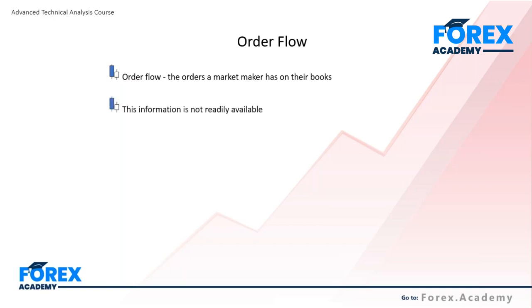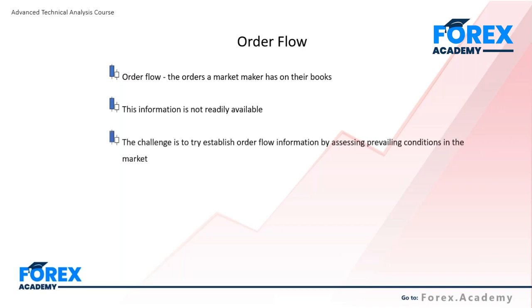This information, unfortunately, for the likes of you and I, is not readily available. The challenge, though, for us is to try and establish order flow information by assessing prevailing conditions in the market.